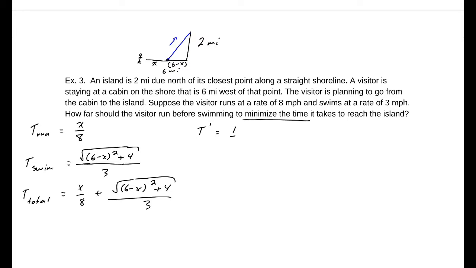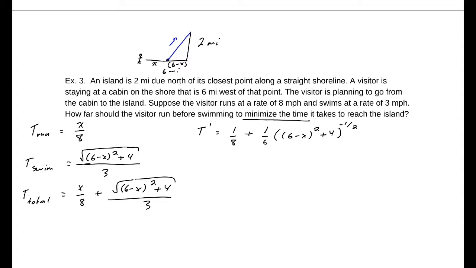equals 1/8 plus, now let's go ahead and treat that as the 1/2 power. So bringing that down, we get 1/6, and that is 6 minus x squared plus 4 to the negative 1/2. Subtracting 1 there. Using our chain rule, we get times 2, 6 minus x times negative 1. Using our chain rule twice there.